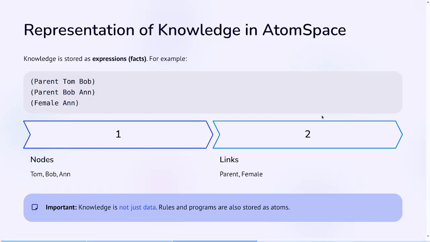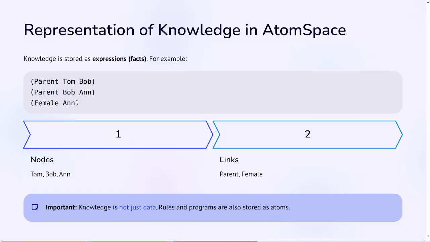For example, here we are seeing how we can represent a family tree. If we have two persons with a parent-child relationship, how can we represent that in the Atomspace? This is a simple example of how we can represent facts or knowledge in the Atomspace.